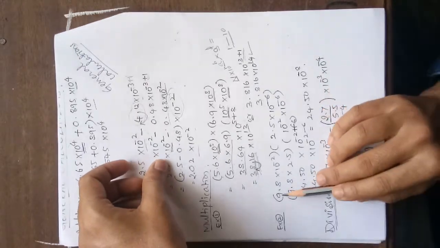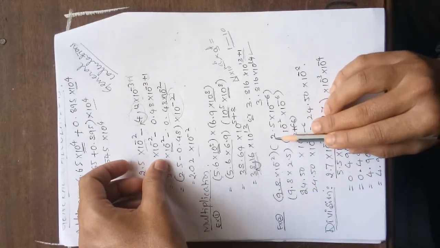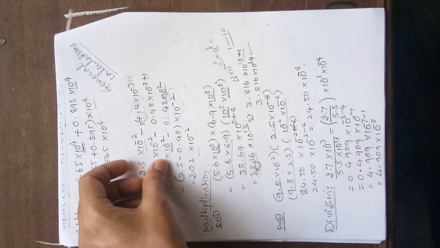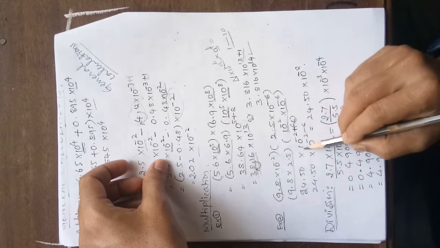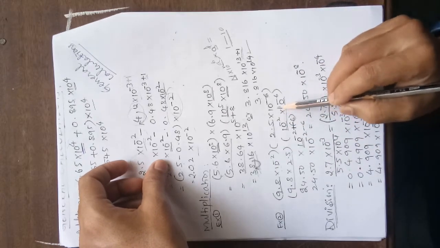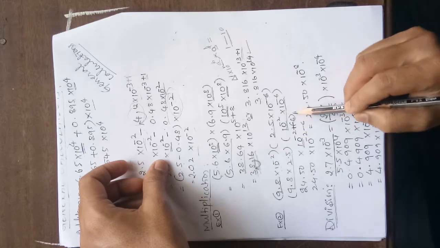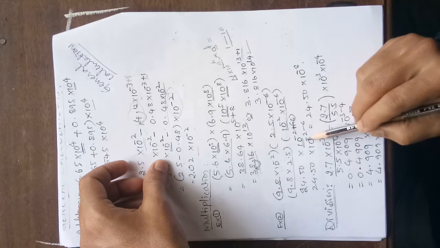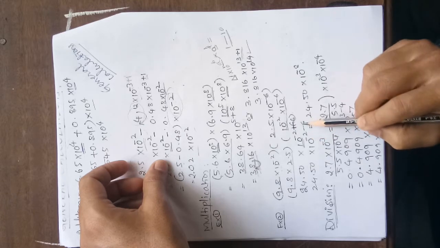Another case you can see: 9.82 multiplying, the remaining term I have written here. Base same, I will write only one time. Next the powers we add: minus 2 plus minus 6. Plus and minus, what would it be? Minus. So minus 2 minus 6 is minus 8.